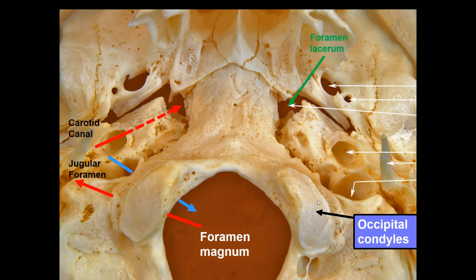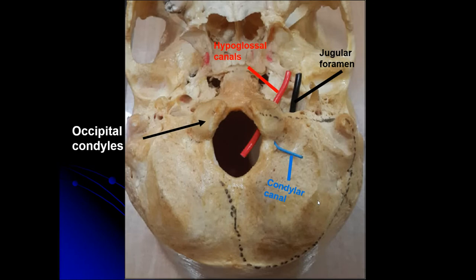So we've learned the carotid canal, the jugular foramen, the foramen magnum, the foramen lacerum, the occipital condyles, and the hypoglossal canals. In this picture, you can see that there is actually a red stick through the hypoglossal canals and a black stick through the jugular foramen, showing you they are indeed holes.